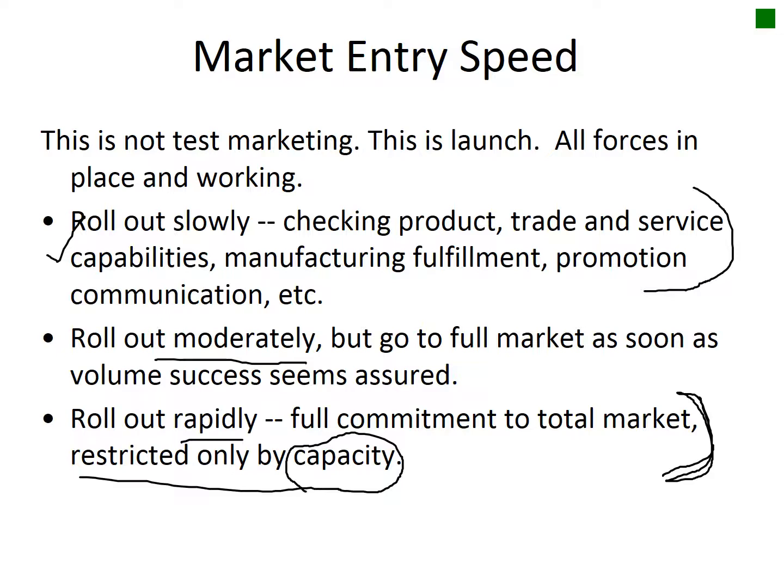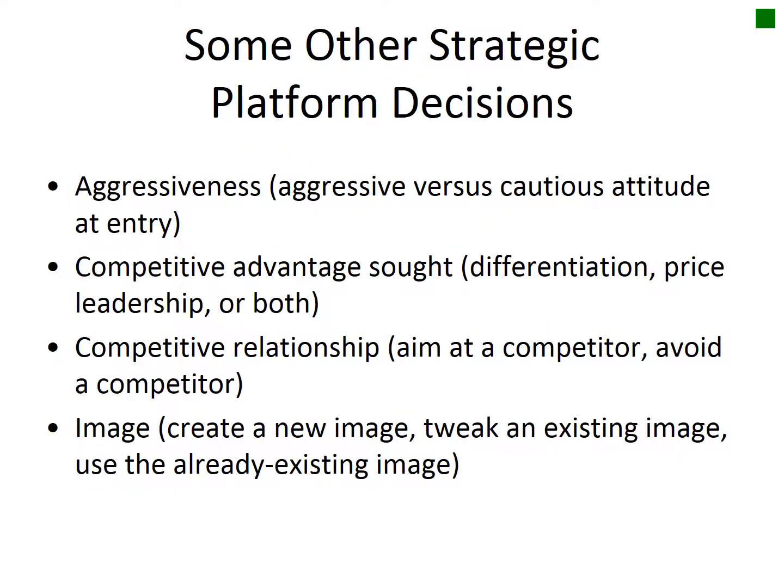Okay, so market entry speed then deals with that type of issue. And then some other issues that we talk about as we move forward and kind of finish this section up is our aggressiveness in our entry strategy. So aggressiveness might relate to the speed we enter the market, like we just talked about. It might deal with how we price the product.